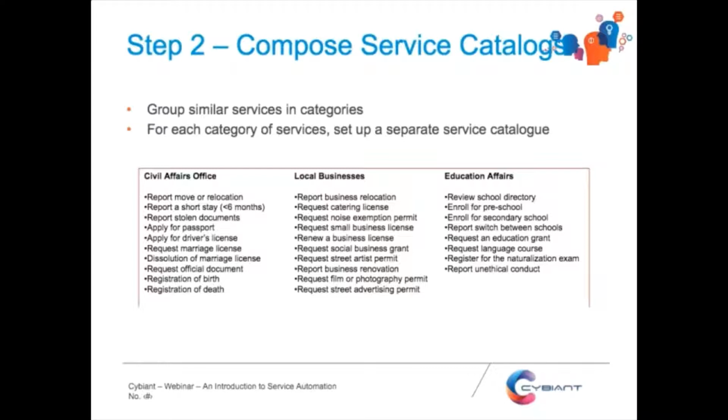For instance, if you would like to provision a new virtual machine, you would need to be with an IT team. However, if you would like to request a new parking permit, you would probably need to be with civil or parking services. So the reason that we would like to split those services into different categories and group them together is because it makes it clear who is responsible for the execution.